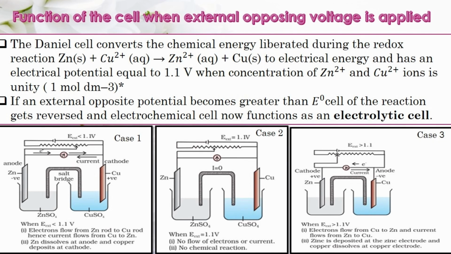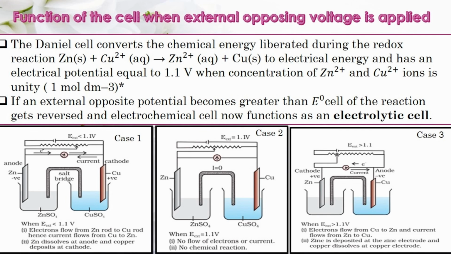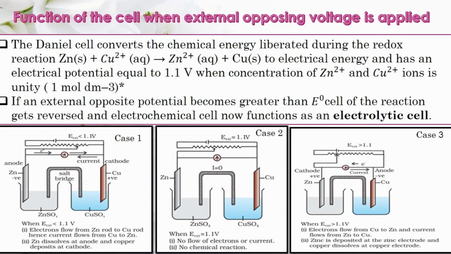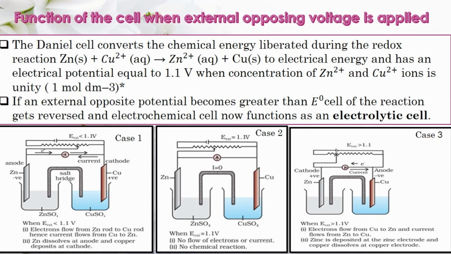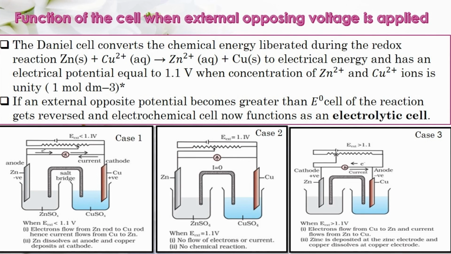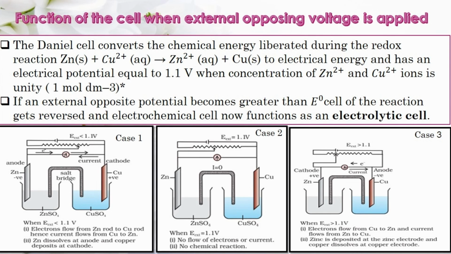The electrons will flow from the zinc rod to the copper rod and the current will flow from the copper rod to the zinc rod. As usual, the chemical reaction also takes place. Zinc will dissolve in the zinc sulfate solution and copper will be deposited at the cathodic half cell.